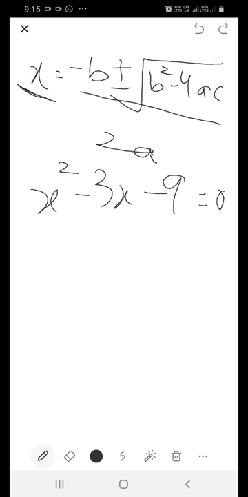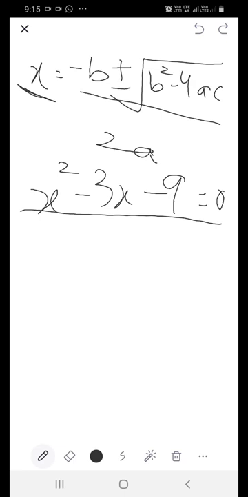Now you have to solve this using formula correct to 2 decimal places. Now the question is this. From this equation you are going to find the value of a, b and c.